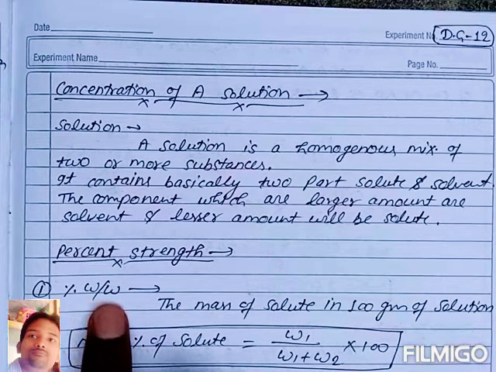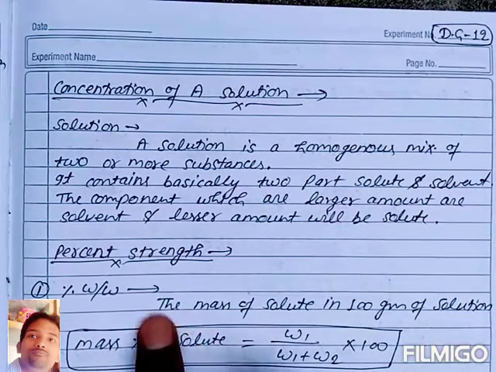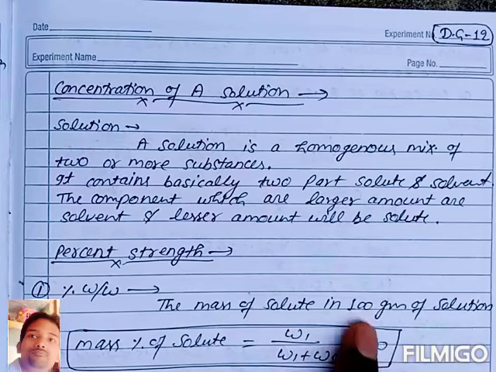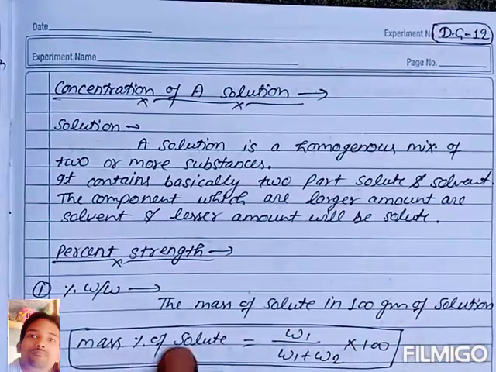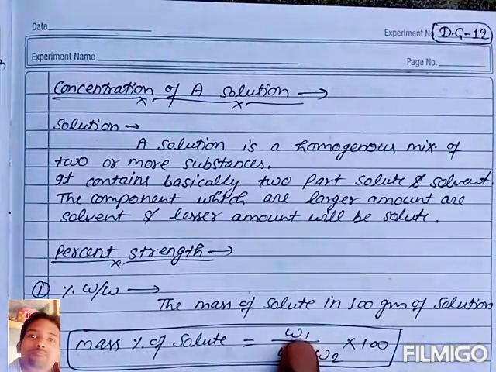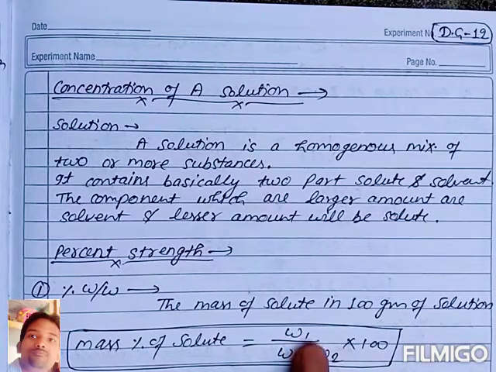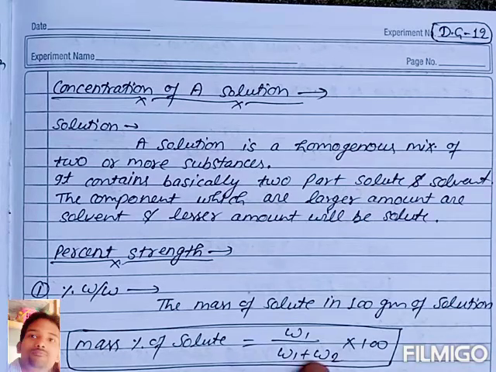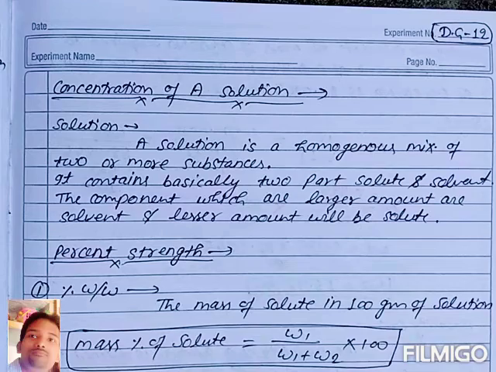Number one is the percentage W by W, which is the mass of solute in 100 gram of solution. If the mass of the solute is W1 and of the solvent is W2, then the mass percent of the solute is equal to W1 divided by W1 plus W2, into 100. The mass of solution is equal to W1 plus W2.